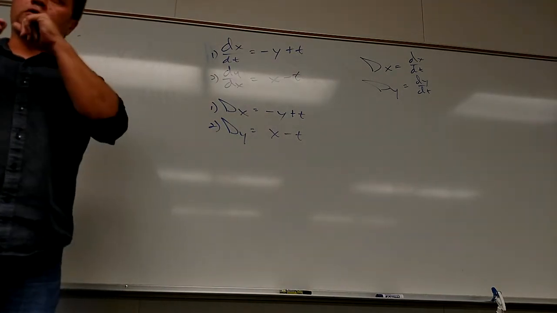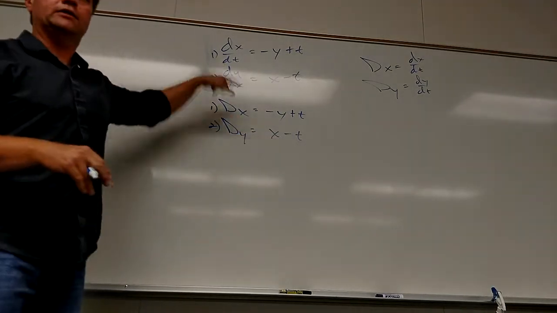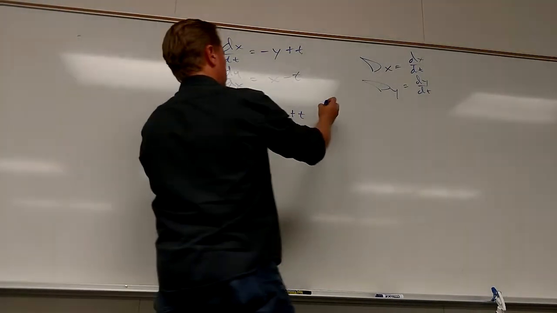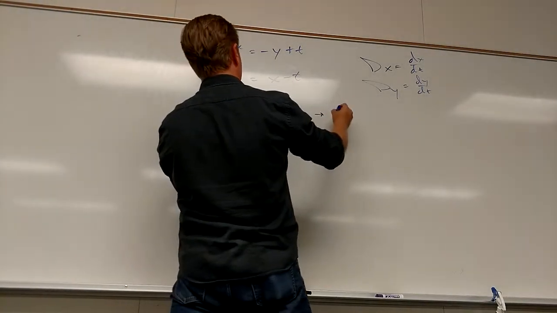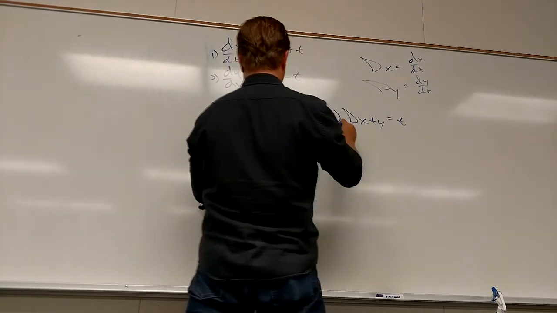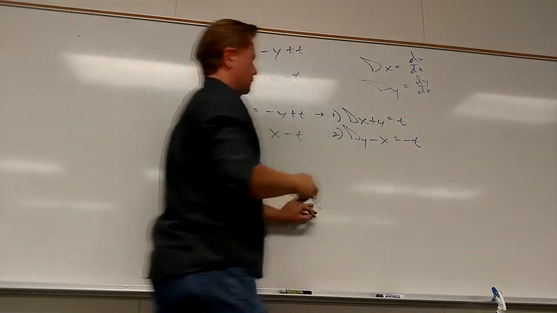I'm trying to do elimination, so I'm trying to make the same thing that's here. I'm going to subtract it so they don't cancel. You guys see this idea? In fact, let me write this a little differently. Let's say this is dx plus y equals t, and this is dy minus x equals negative t.